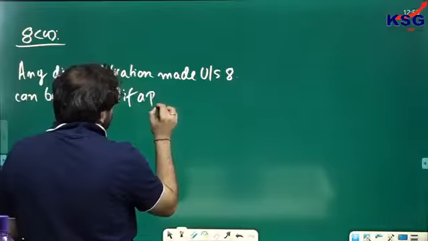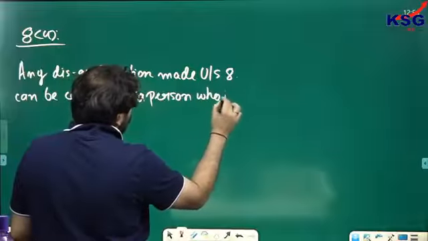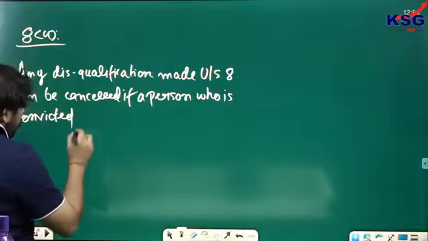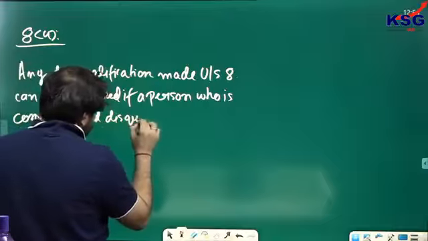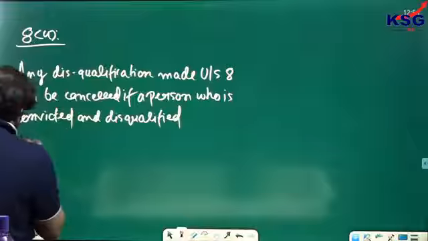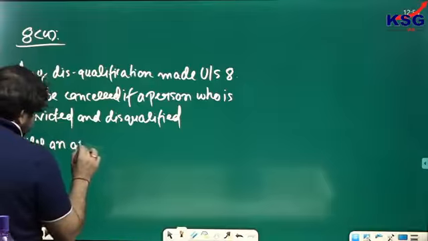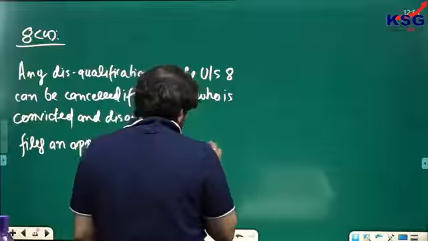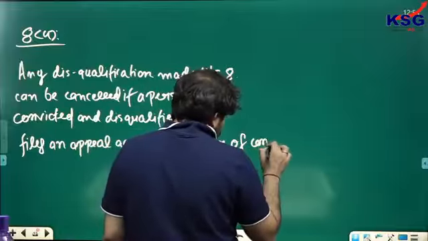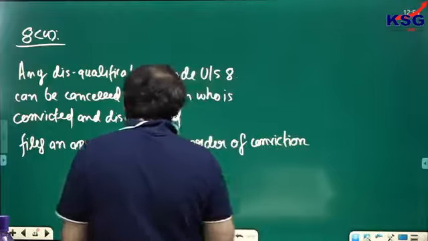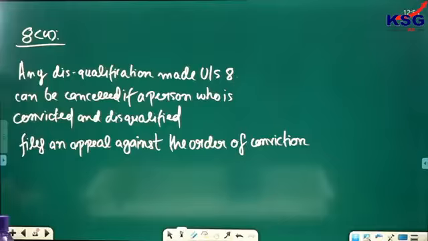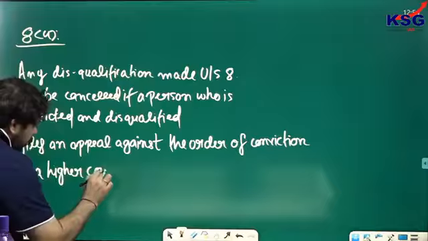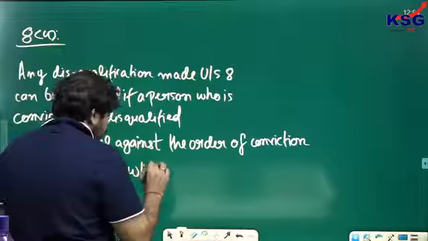if a person who is convicted and disqualified, files an appeal against the order of conviction to a higher court, within 3 months of conviction.